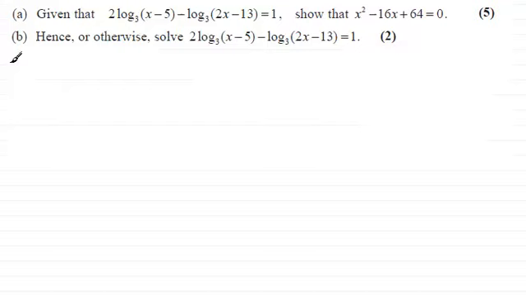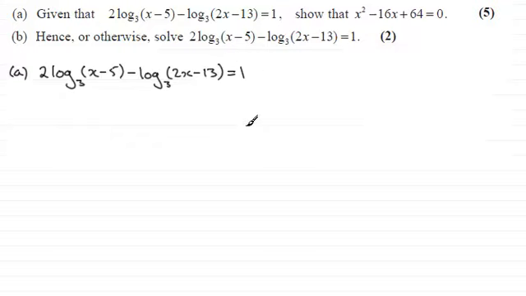Okay, welcome back then if you had a go. So let's just take the question, we'll copy it down first of all. That is 2 times the log of x minus 5 in base 3 minus the log of 2x minus 13 in base 3, and it equals 1.